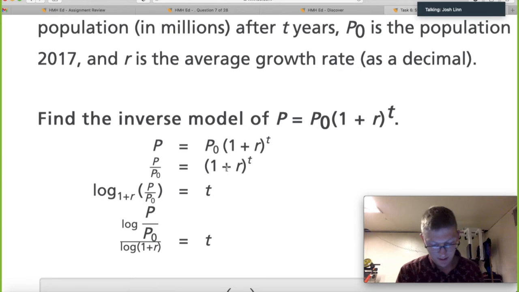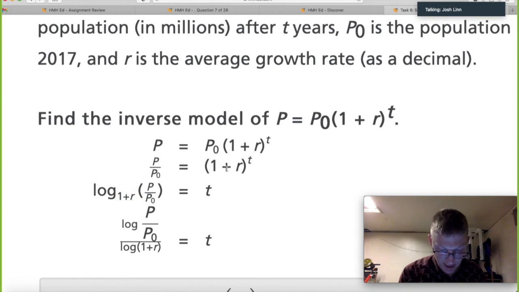So what did they do after that? Oh yeah, so as I was about to mention, log base 1 plus r is not a thing that our calculators can handle, unless that r is 9. And it would be log base 10. Haha, this is kind of like a joke.